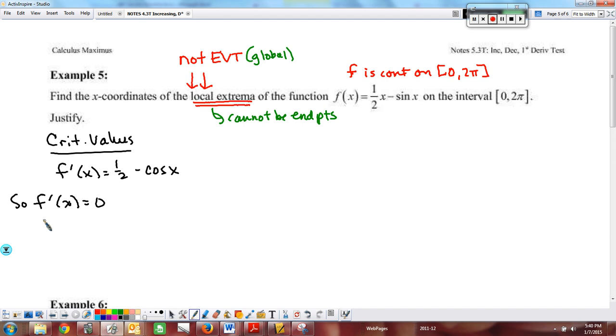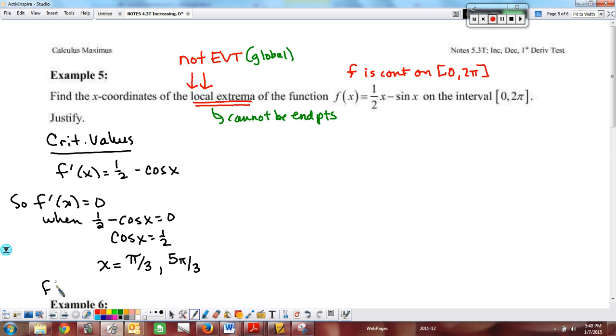So f prime of x equals 0 when 1/2 minus cosine of x equals 0. Cosine of x is 1/2, and if you know your trig, you would know that that's the pi over 3 family, and so the values in the interval 0 to 2 pi that would be of interest would be pi over 3 and 5 pi over 3.